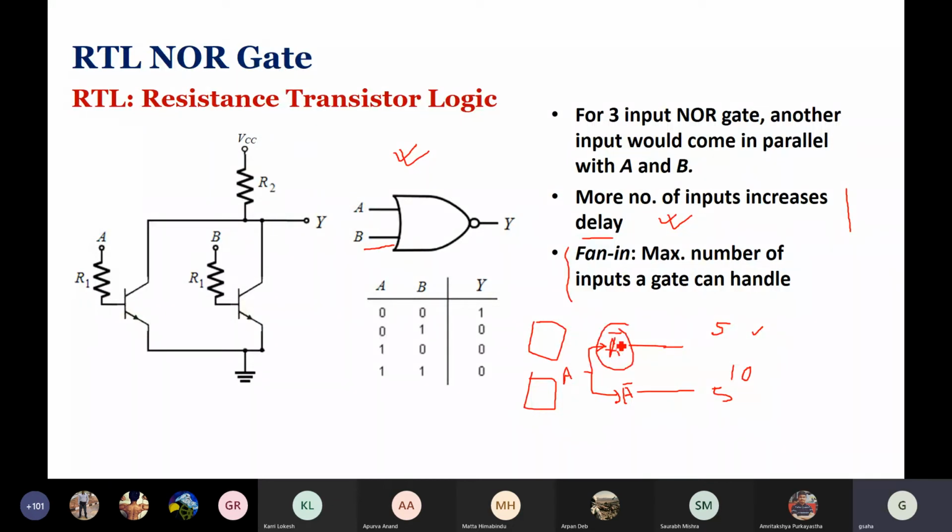You need A bar to drive 10 similar devices, but fan-out is say 5. Then you generate 2 such A bar from A instead of 1. Give 5 here, give 5 there. Get my point? So we will change the architecture. Also, you can think of changing to another logic family which can give a fan-out of 10. These are all design choices.